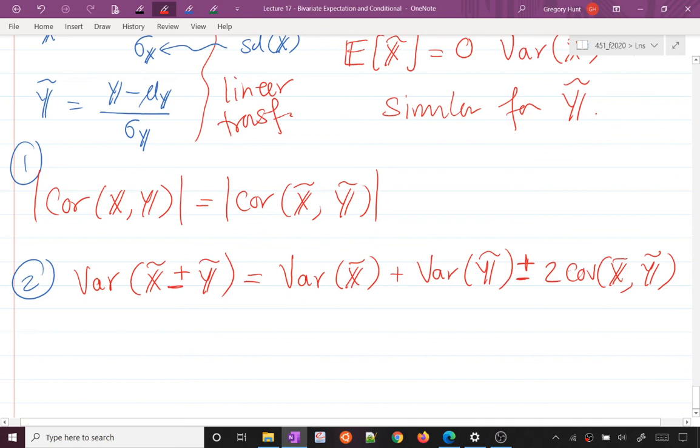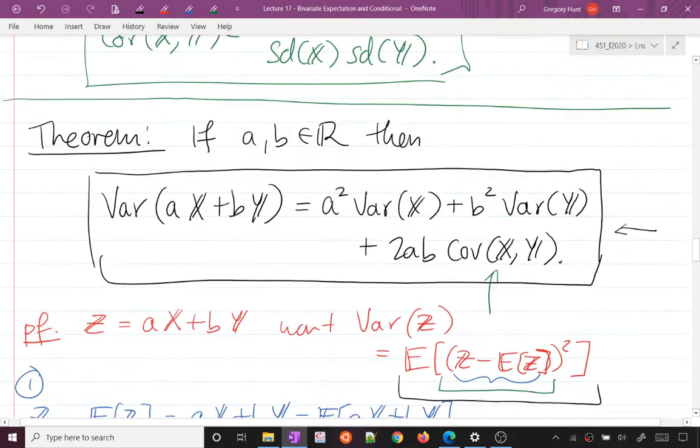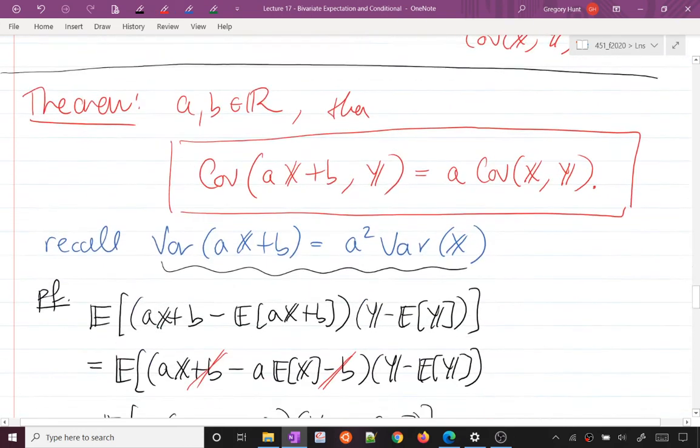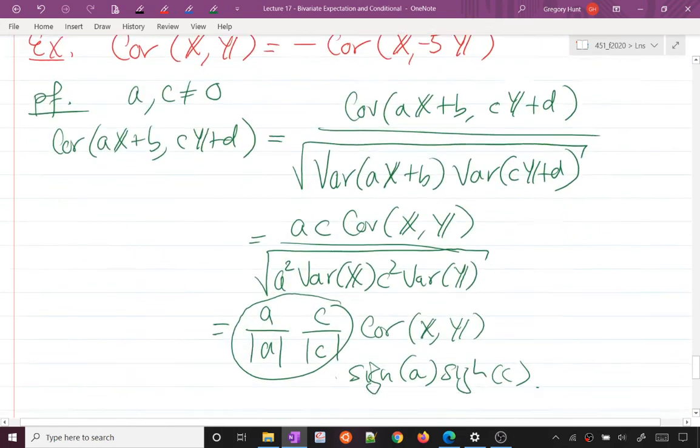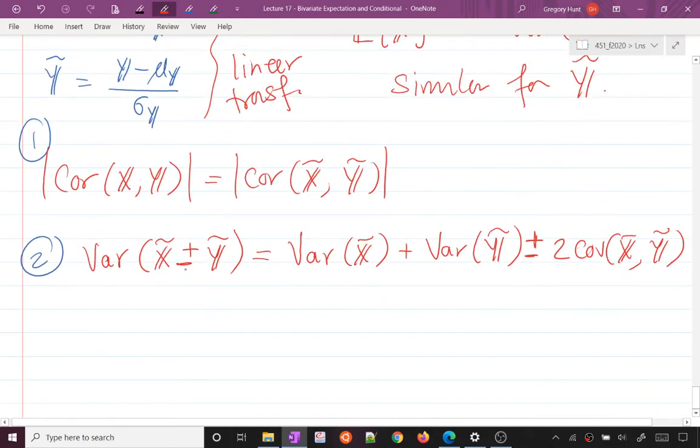So that's from our previous theorem way back. That's this theorem. So it's basically A is 1, B is plus or minus 1. So I get variance of x, variance of y, and either plus or minus 2 times the covariance. Okay. So the variance of x plus or minus y is the variance of x plus the variance of y plus or minus twice the covariance.